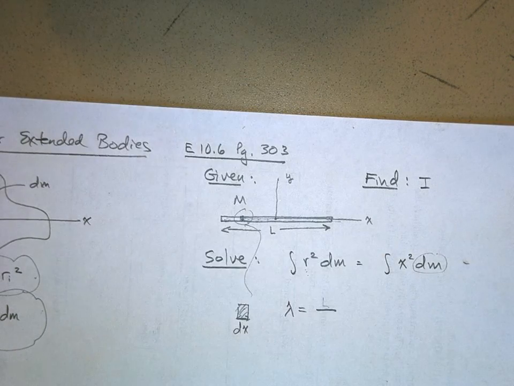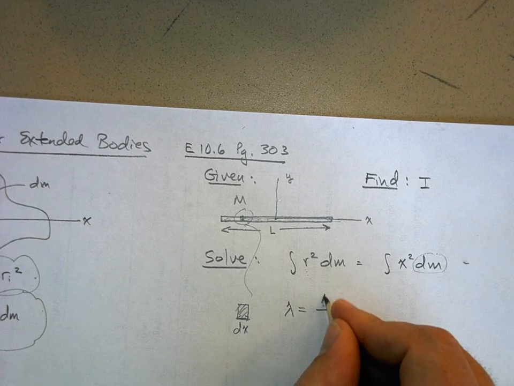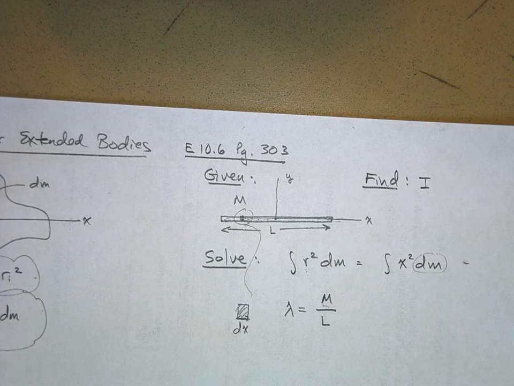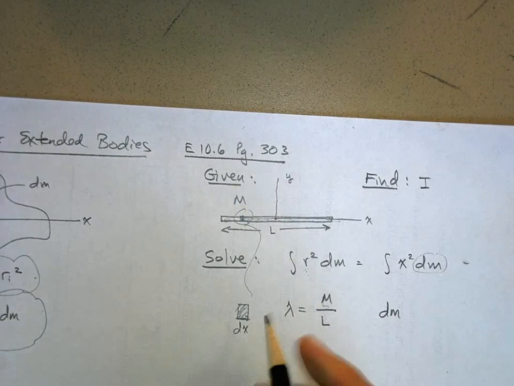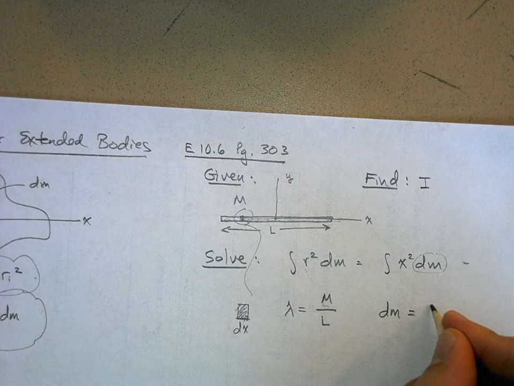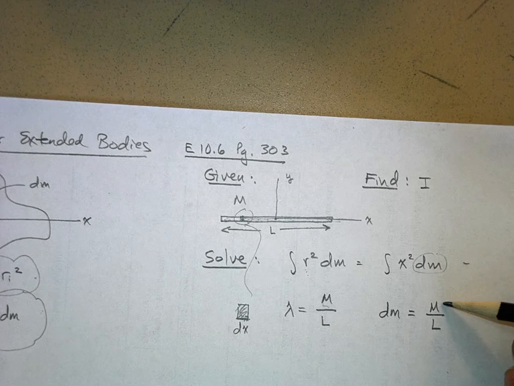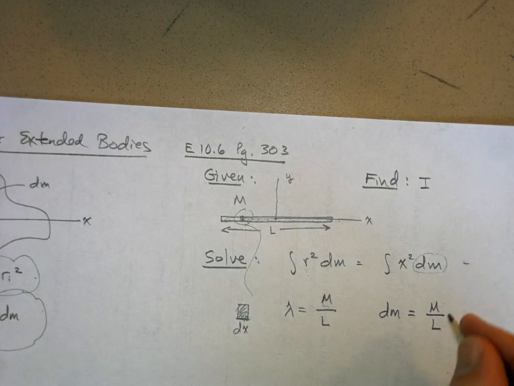So it's the mass per unit length, M over L. So dm, the mass of this guy, is going to be equal to M over L, that is the total mass per unit length, times my little tiny piece of length, dx.